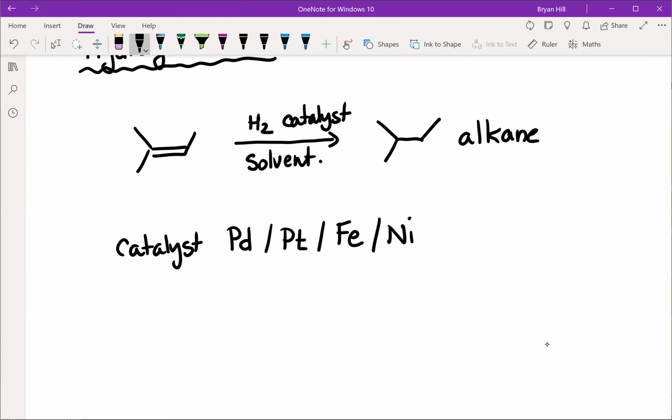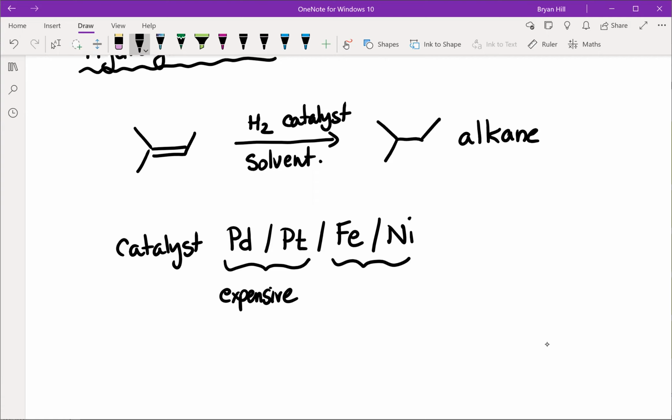The ones which have gotten the most use in chemistry labs tend to be these two, but these ones are expensive. And these are less expensive, but the reactivity sometimes requires heat or something like that.